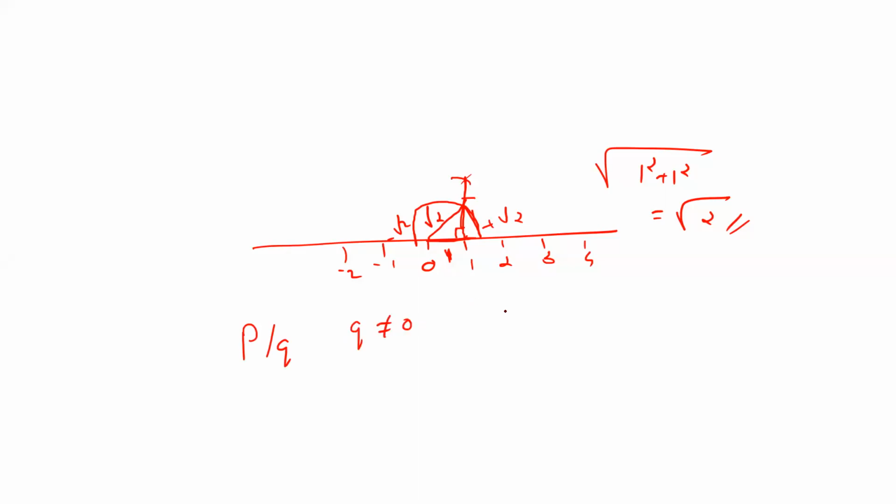And the decimal form of a rational number is always terminating, or non-terminating repeating. And the irrational number form is non-terminating, non-repeating.